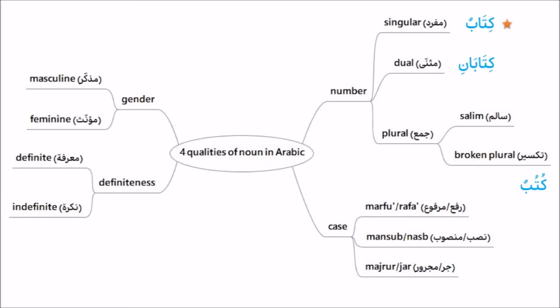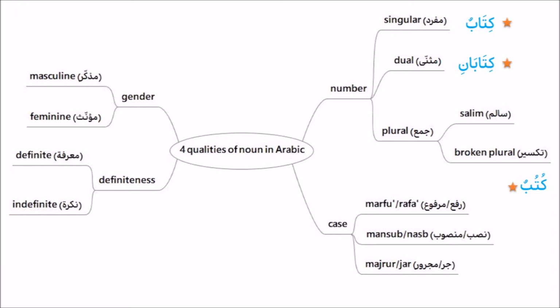Let's see the examples. The example of singular noun is kitabun. The example of dual noun is kitabani. The example of plural noun, in this case, the plural of kitabun is broken plural.